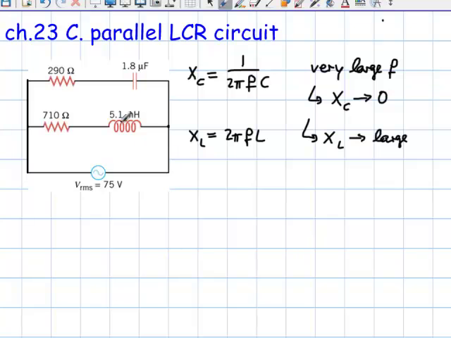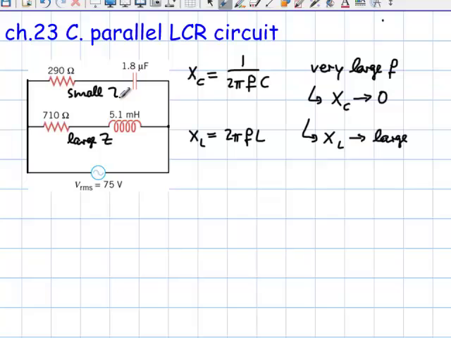So basically then we would have a large impedance here, and a very small impedance here.